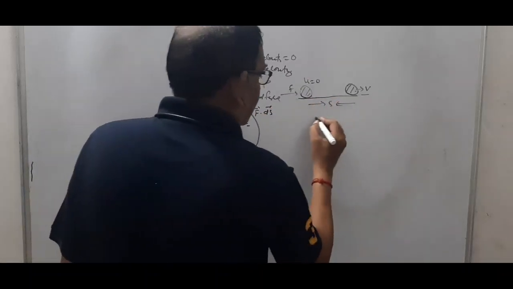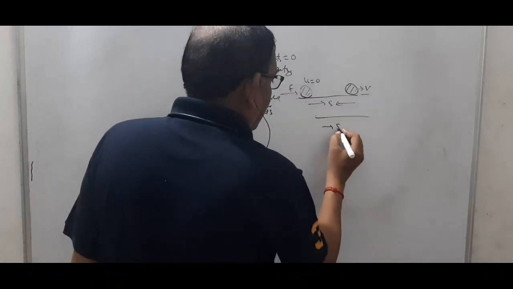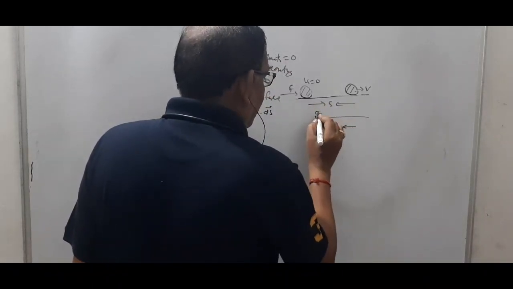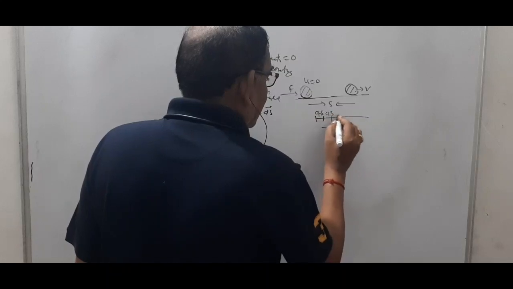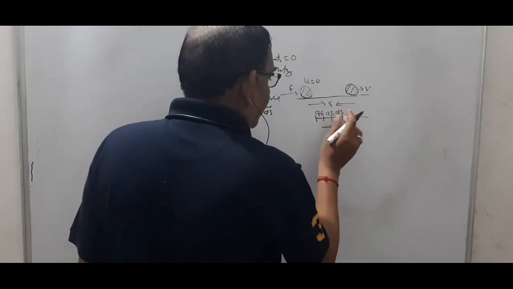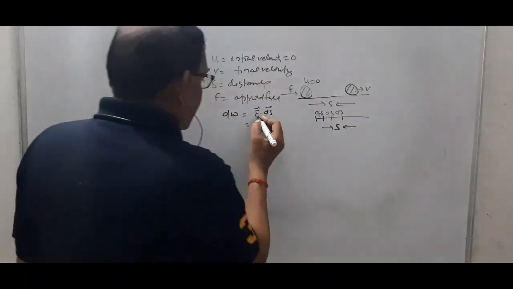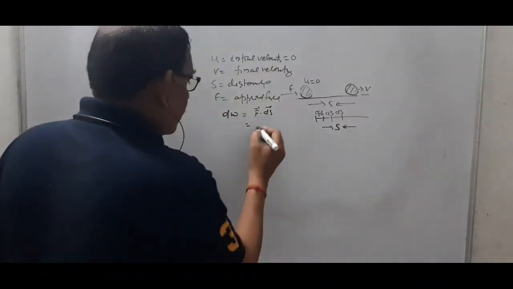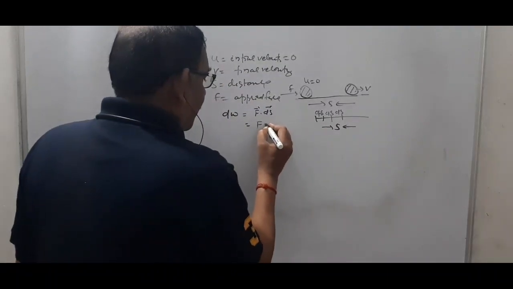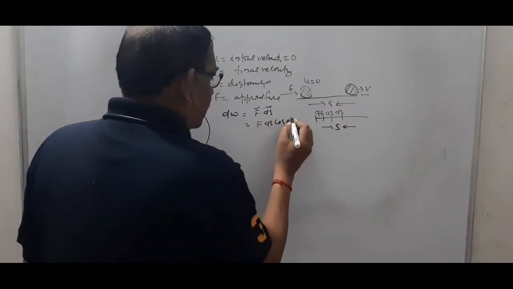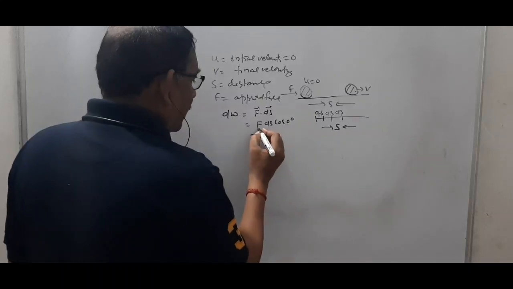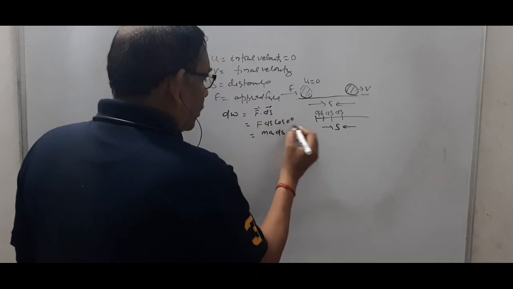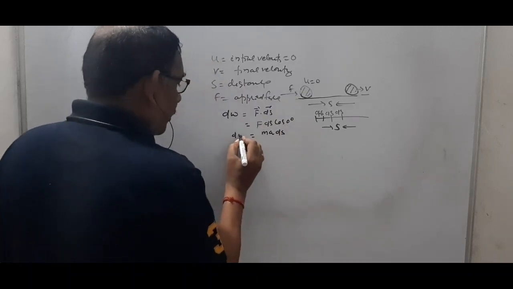Divide the whole displacement into small parts, that is ds. F and displacement are acting in the same direction, so that is F ds cos 0. You know that F is equal to ma, and ds cos 0 is 1, so dW equals m a ds.